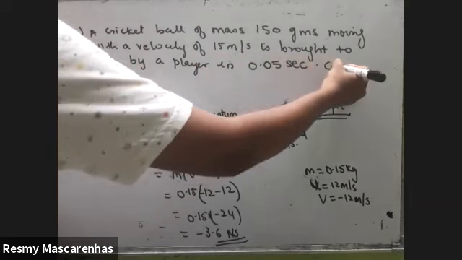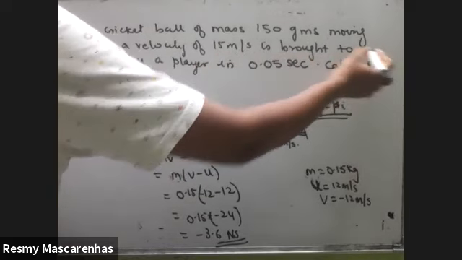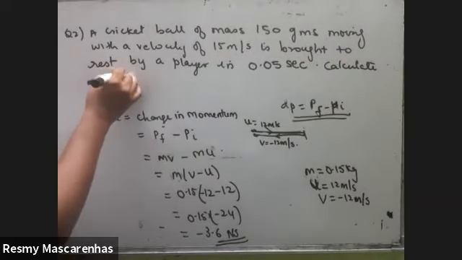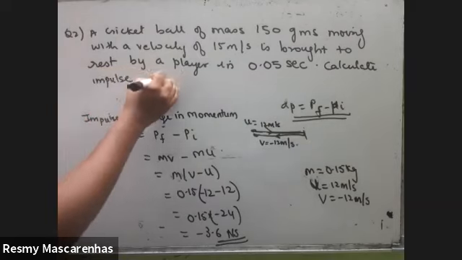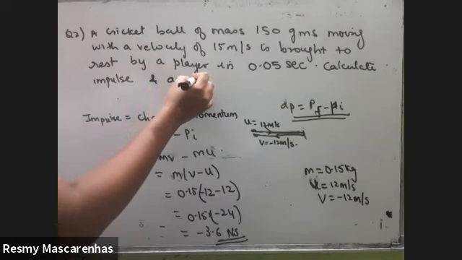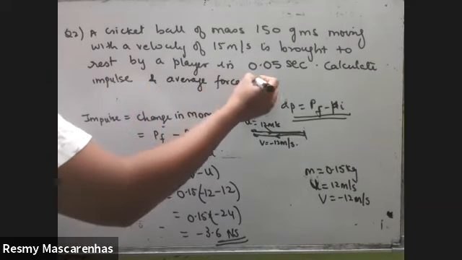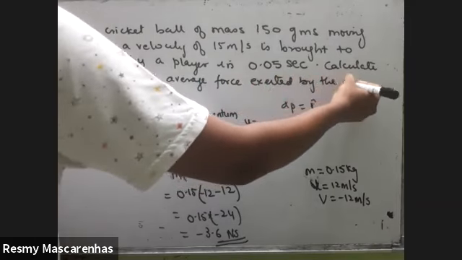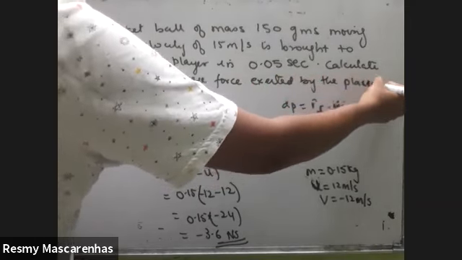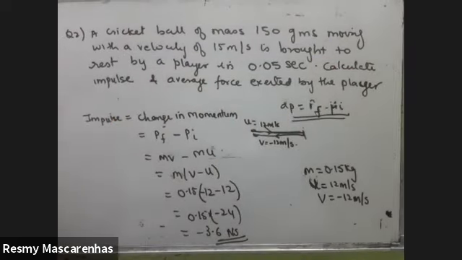Calculate the impulse and average force exerted by the player. Two things we have to find. One is the impulse and the other one is the force.